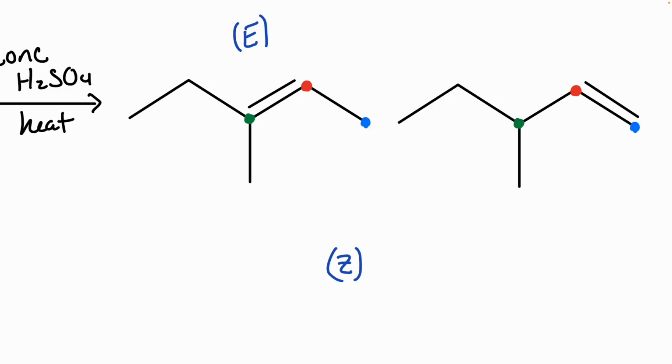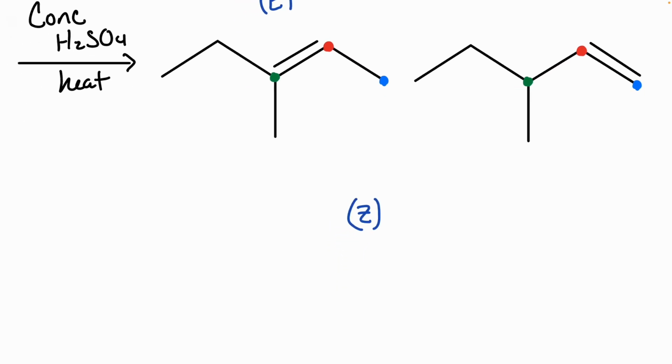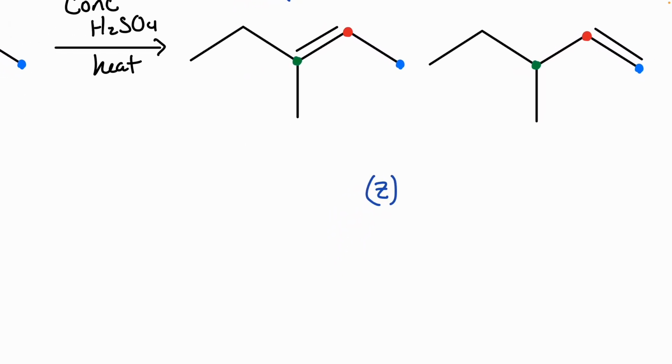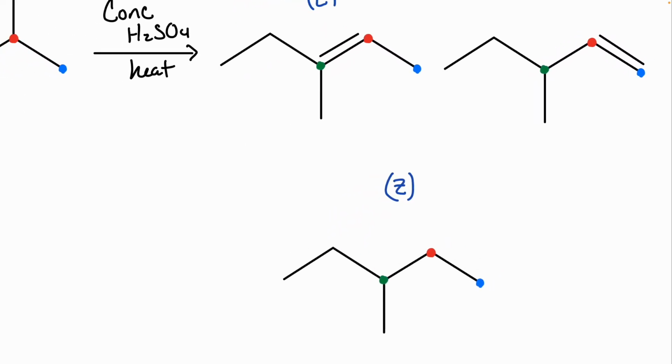Or you could pick this carbon right here, the green carbon, and swap your methyl and your ethyl group. Either would give you the exact same molecule. Because that methyl group is smaller and easier for me to move, I'm going to do that. I'm just going to draw it pointed up.